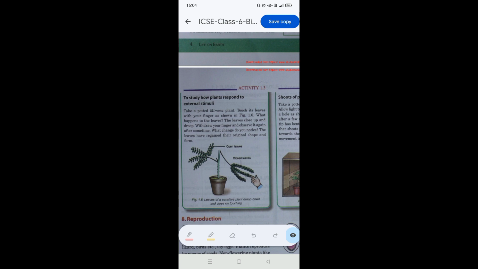And I want to add another piece of information to this. Mimosa is the scientific name of the plant, and this is nothing but the touch me not plant. From the name itself, you students can see, touch me not.